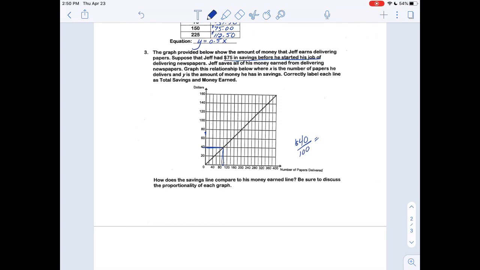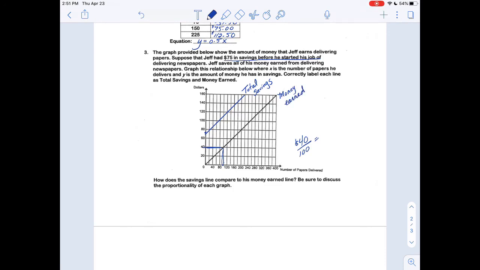So when I go ahead and do it, I should still come up with that straight line, but it's going to be at a higher rate because he already had money in his bank before he even started. So there's my total savings. This is just talking about the money that was earned.